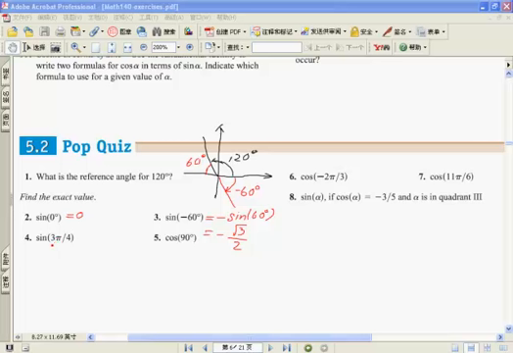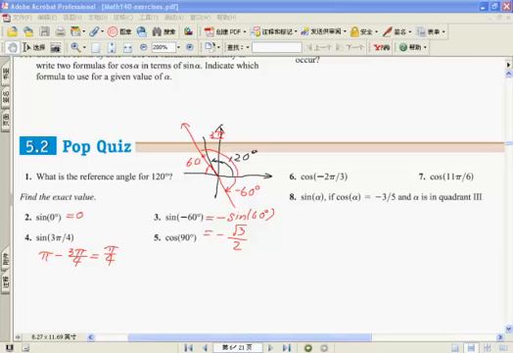Now let's look at number 4, 3 pi over 4. We know its reference angle is equal to pi minus 3 pi over 4, and this is equal to pi over 4. And you can sketch this angle 3 pi over 4, it is here.